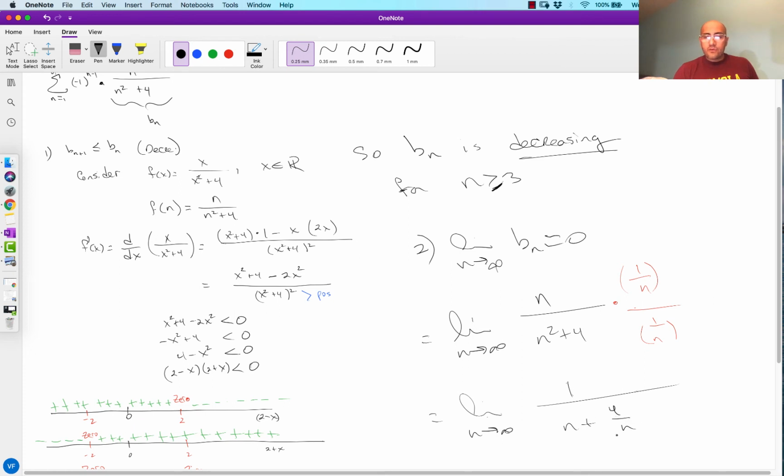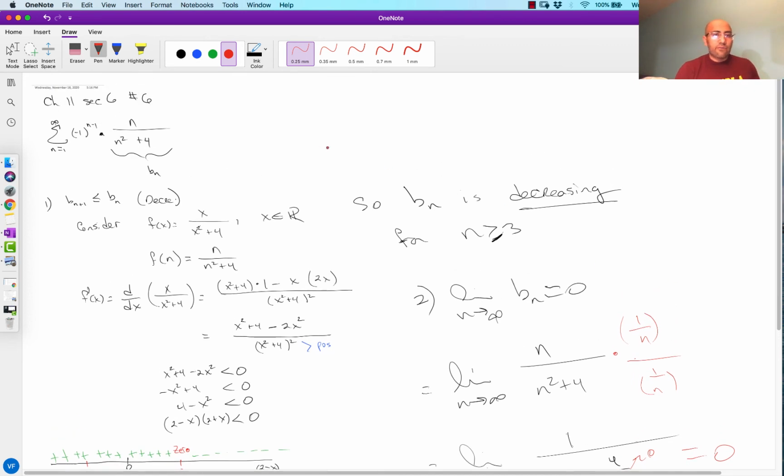As n goes to infinity, the numerator goes to 0, but the denominator grows toward infinity, gets infinitely large, so the whole thing equals 0. So we were able to establish both that it is decreasing and that the limit equals 0. Therefore, by the alternating series test, we've established that this series converges.